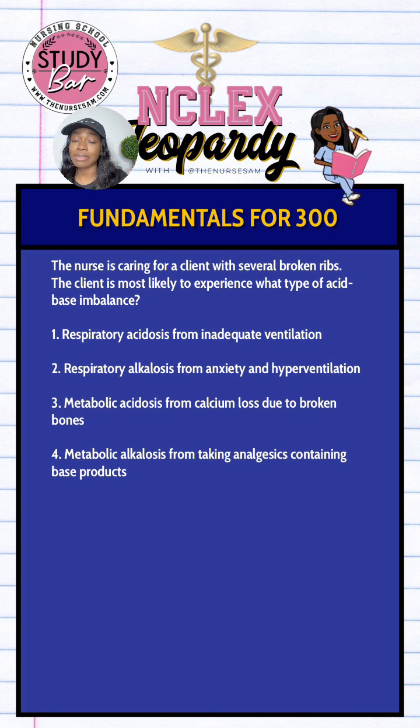We have 4 acid-base imbalances, so it literally just has to be one of these: respiratory acidosis or alkalosis, and metabolic acidosis or alkalosis. In this type of question, we don't have values. We don't have the pH level, the CO2, or the bicarb. So we have to go based off of assessment findings. Now let's look and see what that answer is and see what you guys are saying.